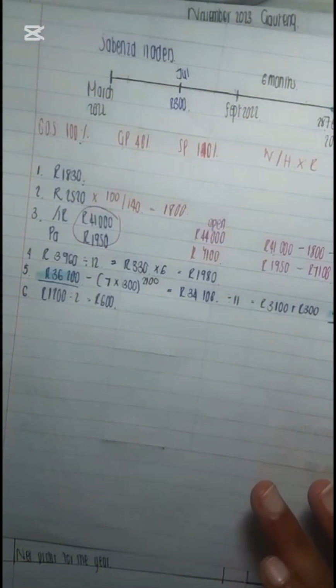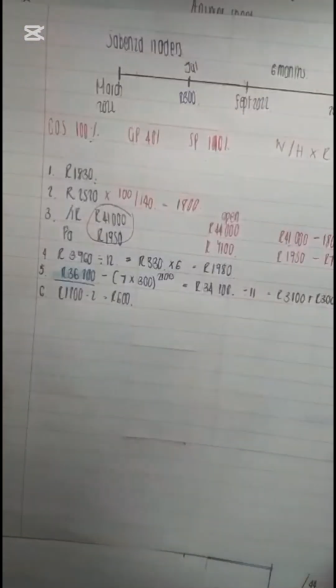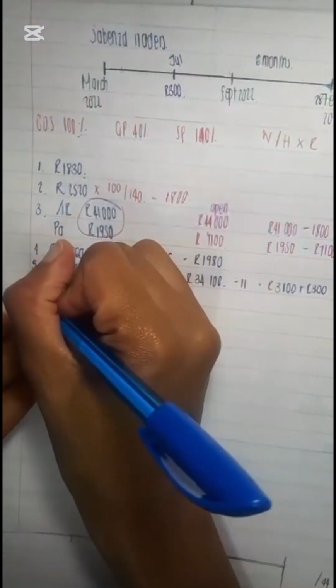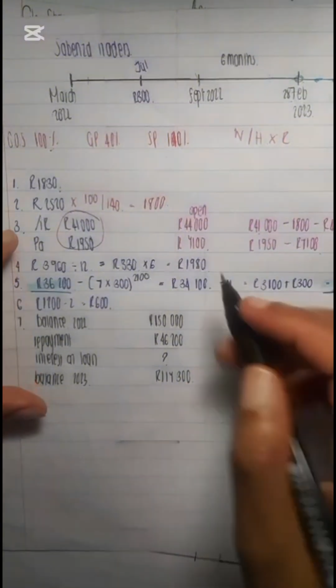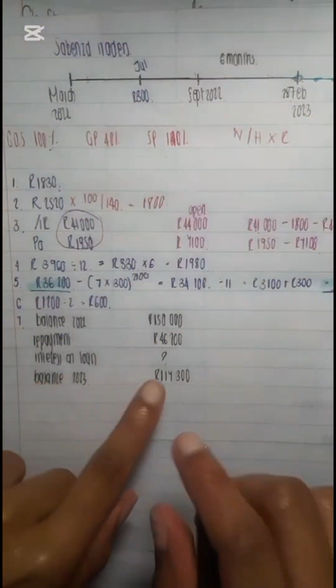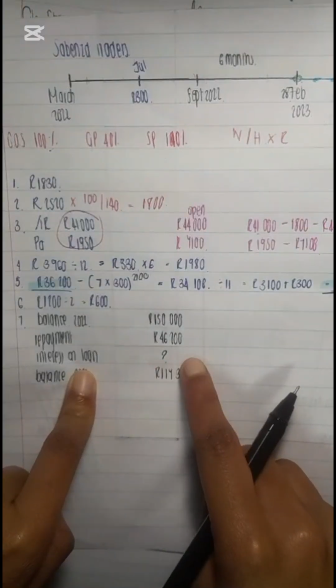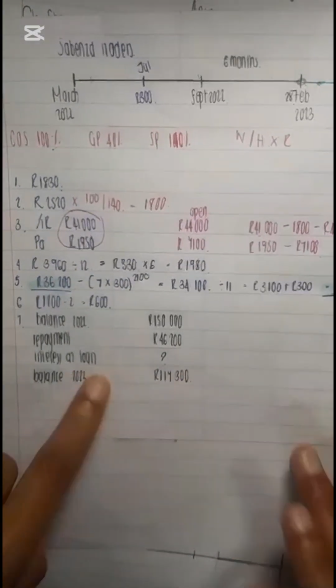Okay. Next up we have the loan settlement. Now in the question we are given this table. Now we have an outstanding interest on loan amount and interest is not capitalized.